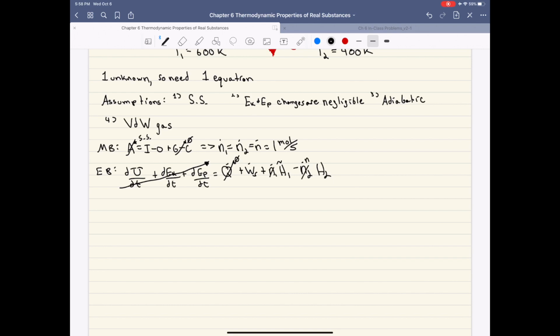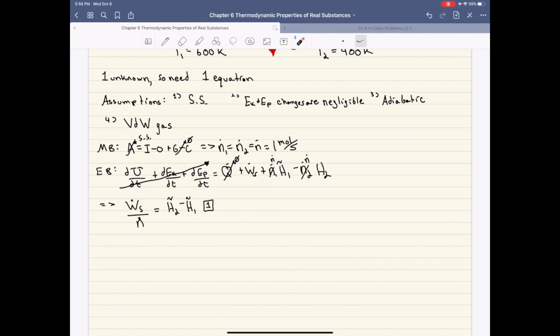These molar flow rates, we could rewrite as just N dot. And so, if we rewrite our equation, what we get is that the shaft work divided by the molar flow rate is just equal to H2 minus H1. Right? So the energy balance itself is very simple to derive.